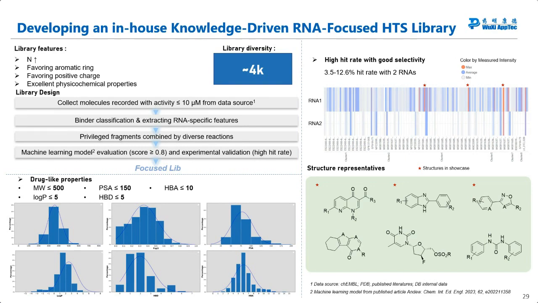With this knowledge and the information from literature, we built a 4,000 compound RNA-focused HTS library. These drug-like compounds have been screened against 2 in-house RNA targets, resulting in hit rates of 3% and 12%. Several representative structural cores can be found here. We will be launching this service very soon.